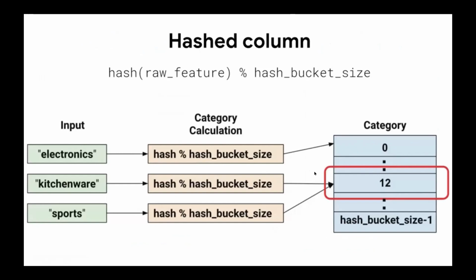When you have a very large number of values, you do have the possibility that some values will hash to the same number. That could be good or it could be bad. If you're lucky, maybe there's a relationship between them and they should be categorized together, but it's possible the hashing algorithm has put them in the same hash just by chance, and it doesn't lead to any more meaning.